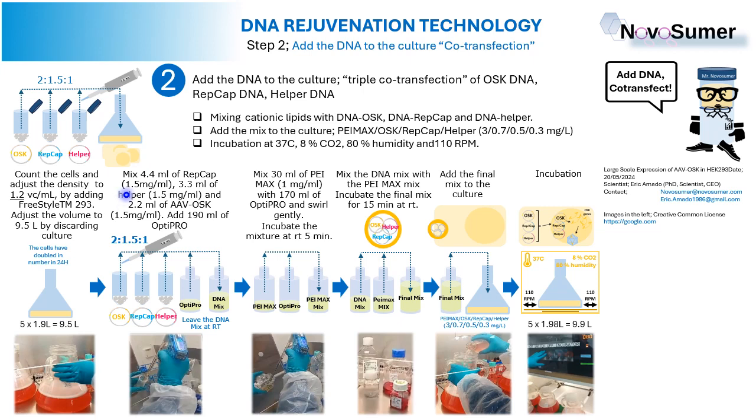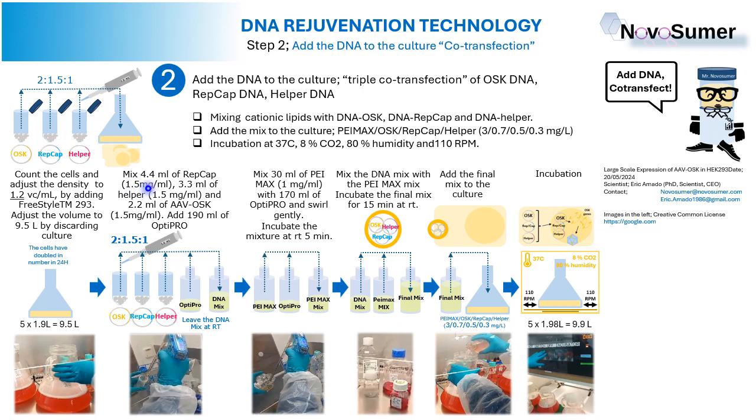The following step is mixing the DNA all together. The three DNAs, we are going to mix all together, respecting this ratio 2 to 1.5 to 1 part. And I have calculated the quantities.